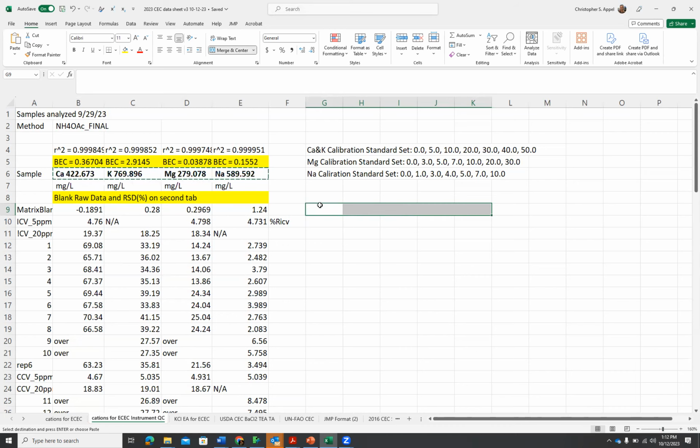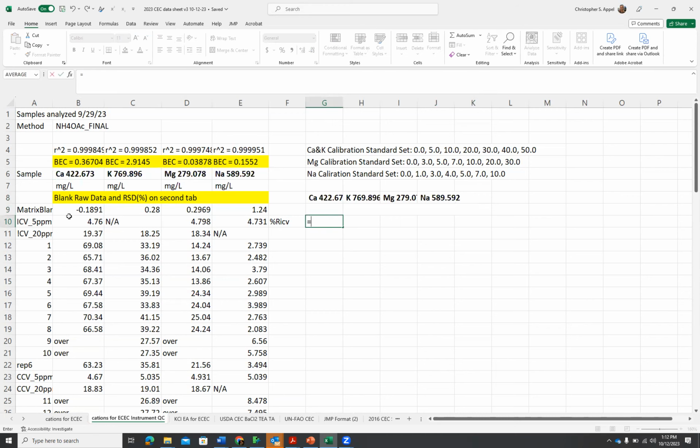So I'll just go ahead and calculate measured over the known for these values that you have here. The known is given in column A, and the measureds are in columns B, C, D, and E.